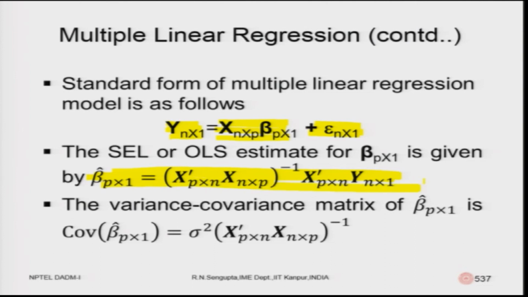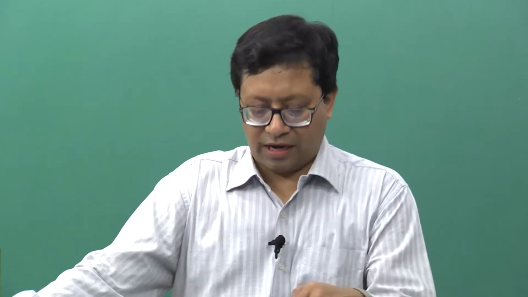What you do is find the errors, square them, sum them up, and differentiate with respect to the betas, using partial differentiation, putting each to 0. Then you find beta 1 hat, beta 2 hat, beta 3 hat, all these things in vector form, as I have highlighted.